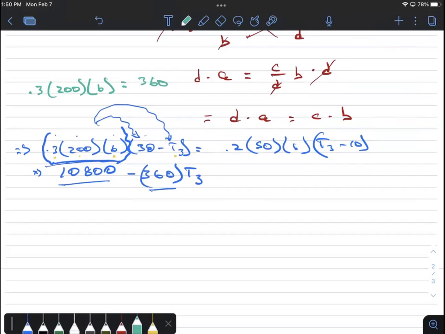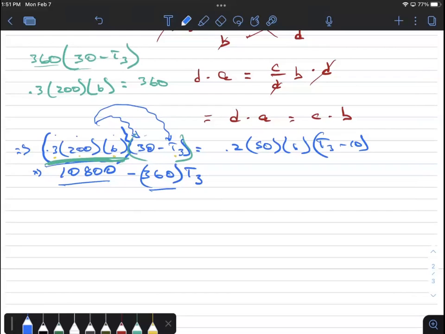Then you could replace all of that stuff there with 360 times 30 minus T3. And that is a little bit easier to see what you're doing. You don't have 4 different terms you're multiplying all together. Multiply all of these first to get 360, and then you multiply that by this parentheses over here. And it's a little bit more clear visually what you're doing. But that's how it happened.